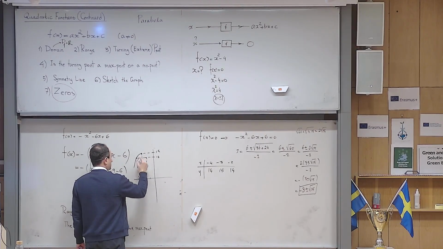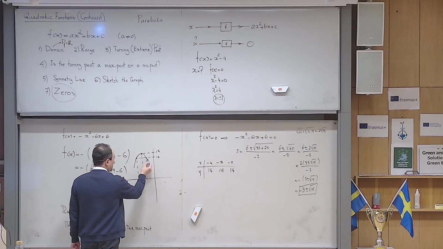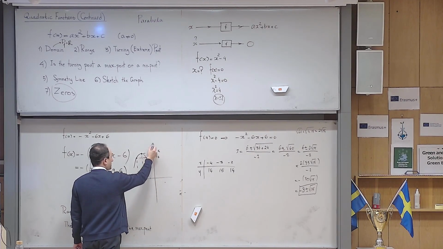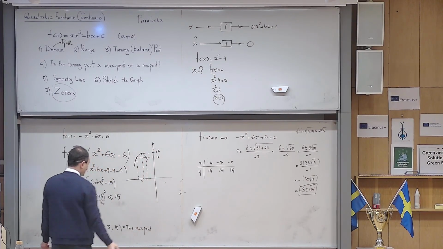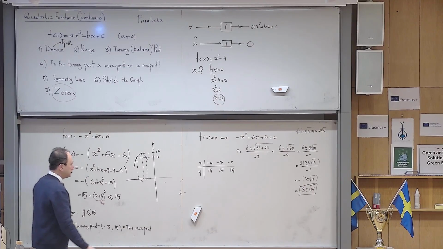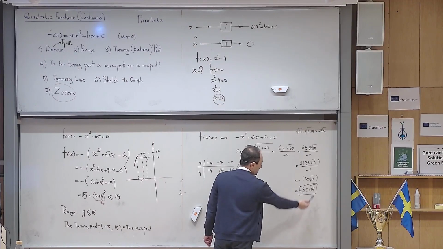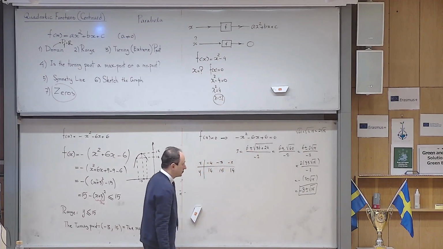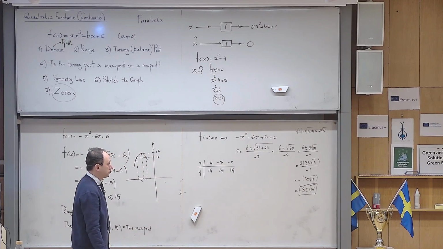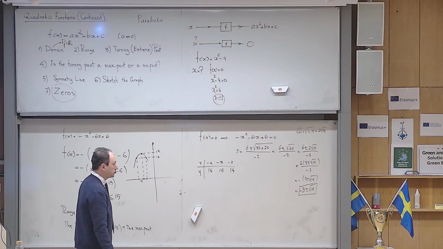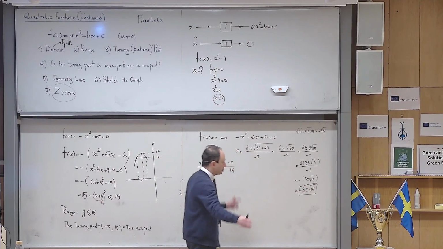So this becomes that. Okay, if you want to make it more precise, can you tell me where this intersects the y-axis? It comes down. So you can check what is happening. You see, one of the zeros is positive, one of them is negative.